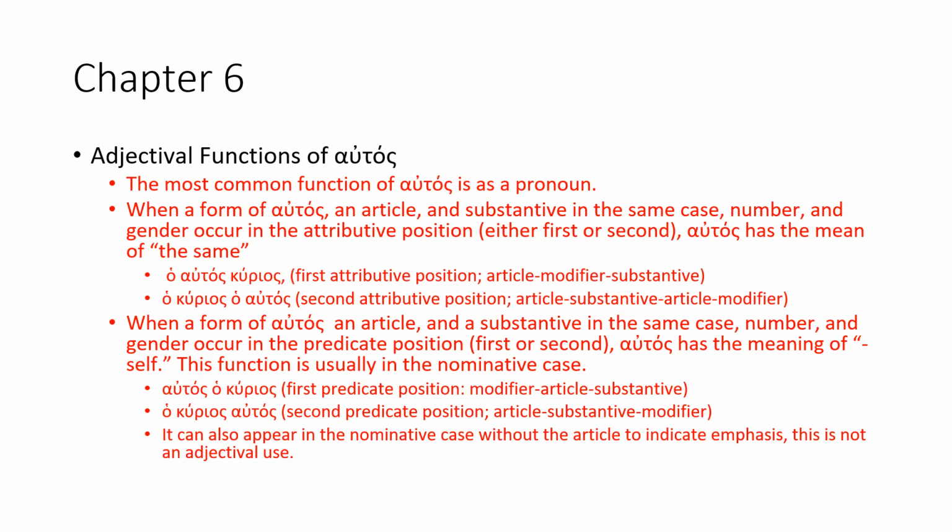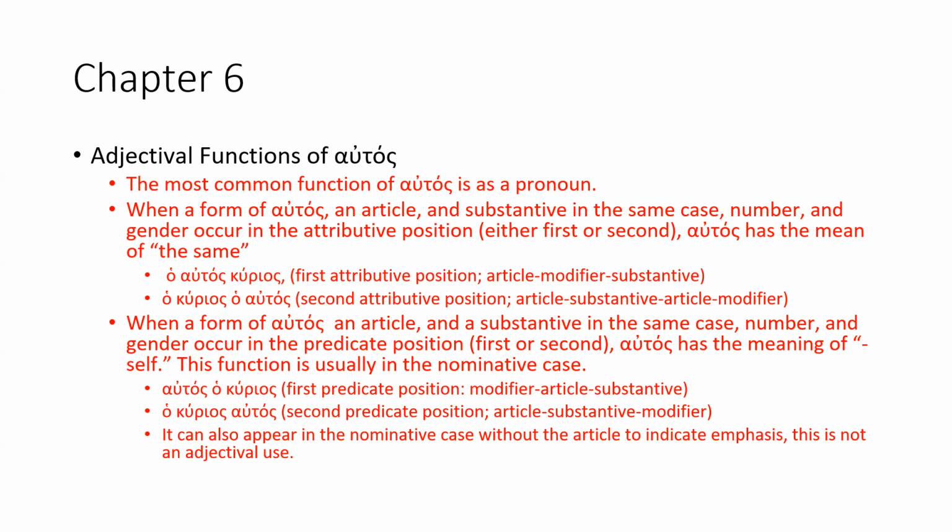When a form of autos, an article and a substantive in the same case, number and gender occur in the predicate position, first or second, autos has the meaning of self: himself, herself, itself. This function is usually in the nominative case. Autos ho kurios, first predicate position, modifier, article, substantive, the Lord himself.